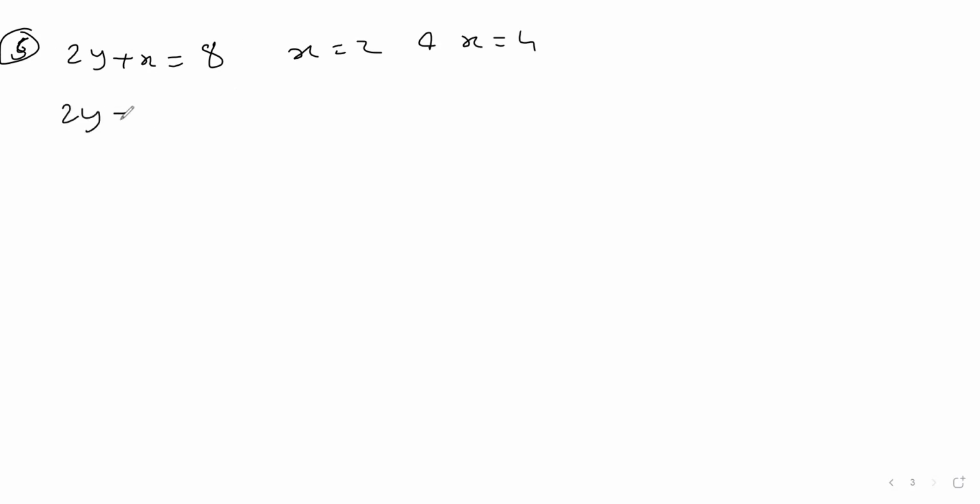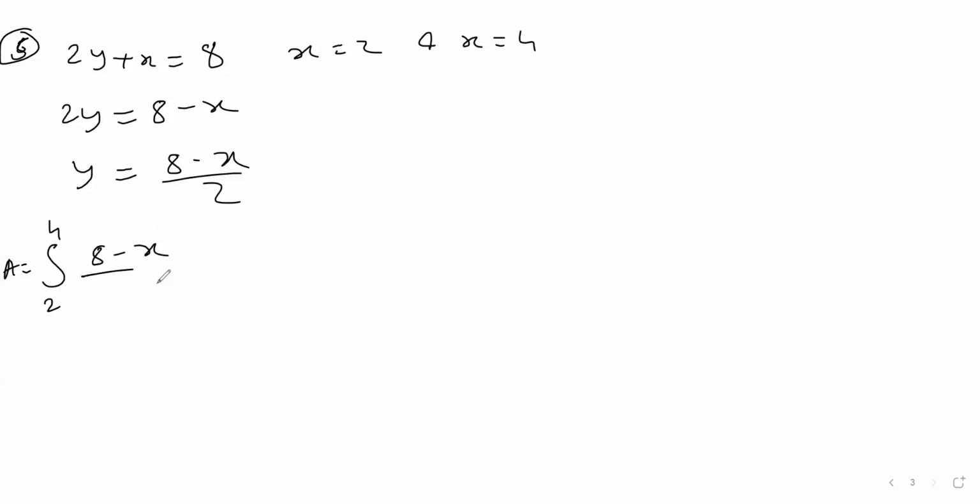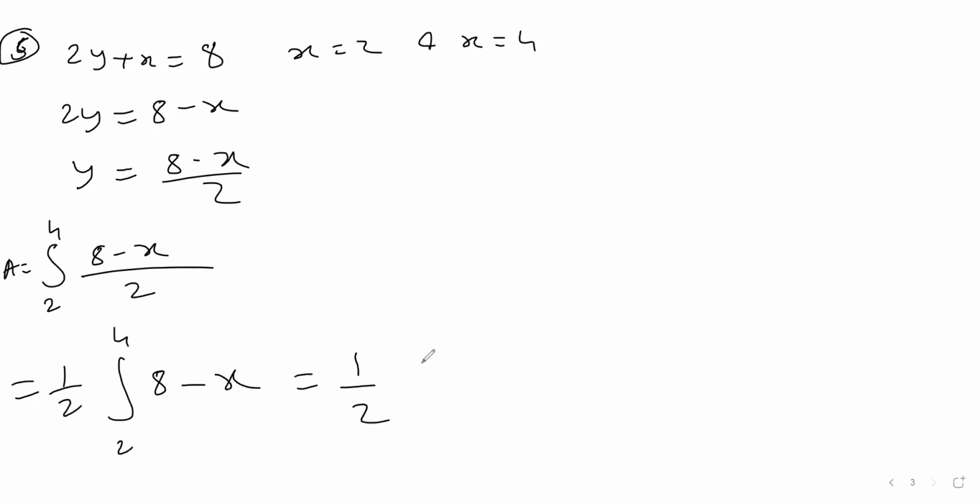So this is 2y is equals to 8 minus x. Y is (8 minus x) by 2. Now area will be integration running from 0 to 4 of (8 minus x) by 2. That is 1 by 2 integration running from 0 to 4, 8 minus x.